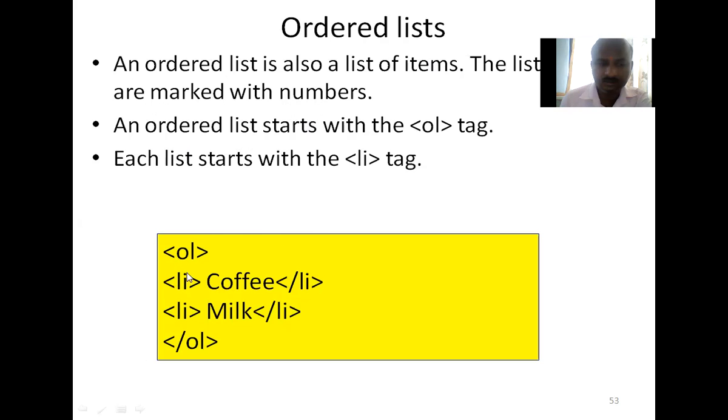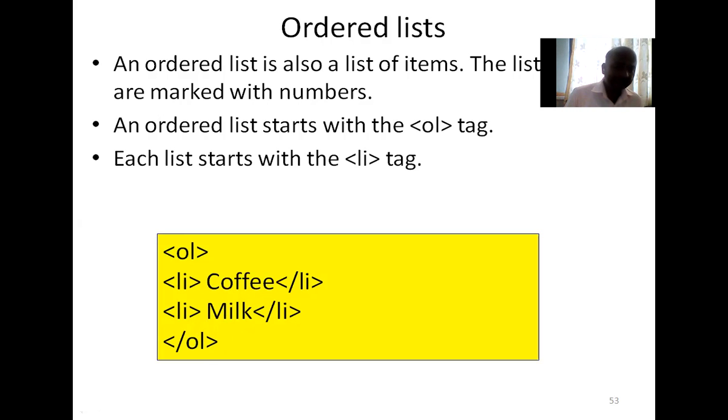See in this figure, OL for ordered list and LI for list item. In the ordered list there is a list item coffee, then another list item milk, and the end of this ordered list. If you execute this program, you will get the output: number 1 coffee, number 2 milk.